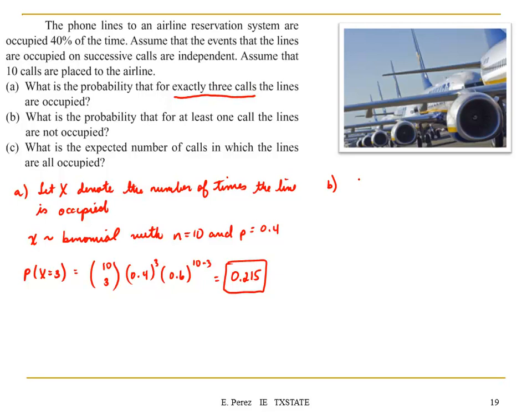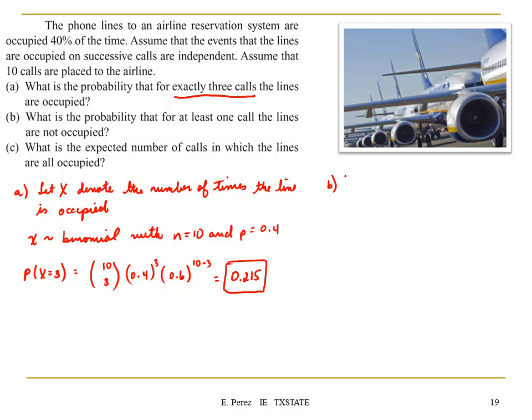So here again, what is the probability that for at least one call, the lines are not occupied? How would you express that? At least is the same thing that we discussed on the previous example. So at least is the minimum that you will accept, right? So in this case it is the probability of X being what? Greater or equal to 1. Correct.